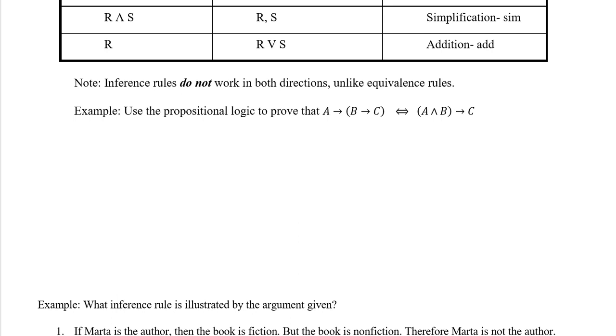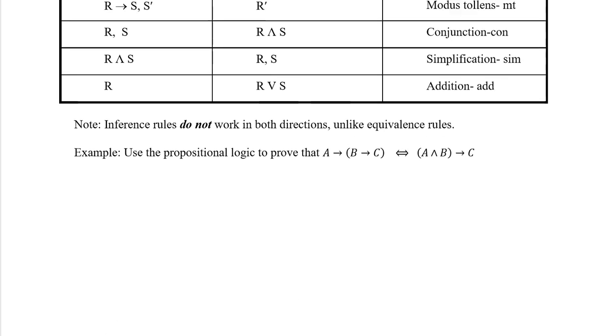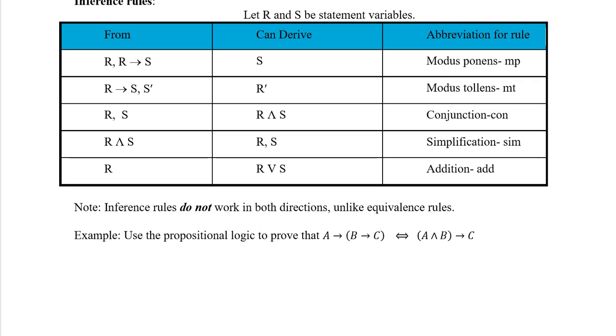Note that the inference rules do not work in both directions. From here you could derive this, but you don't go backward, as we're going to see in some examples.